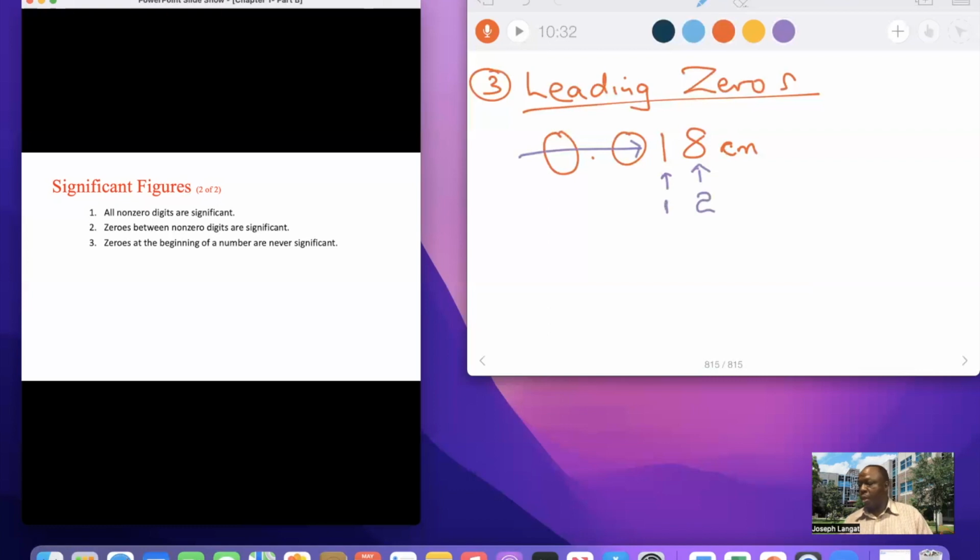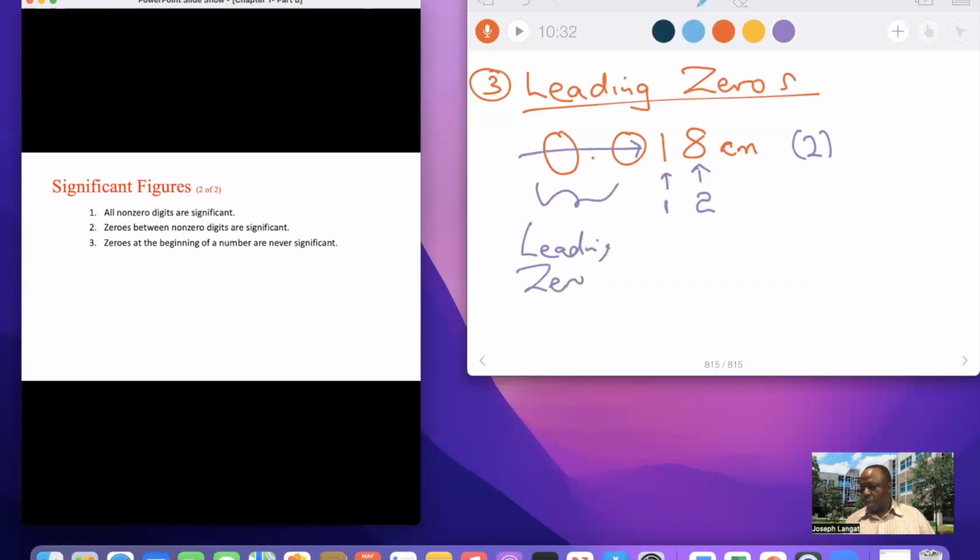So this has 2 significant digits. The zeros at the beginning do not count. I'm just crossing that out so that I train my brain not to count the zeros. We call these leading zeros right here.